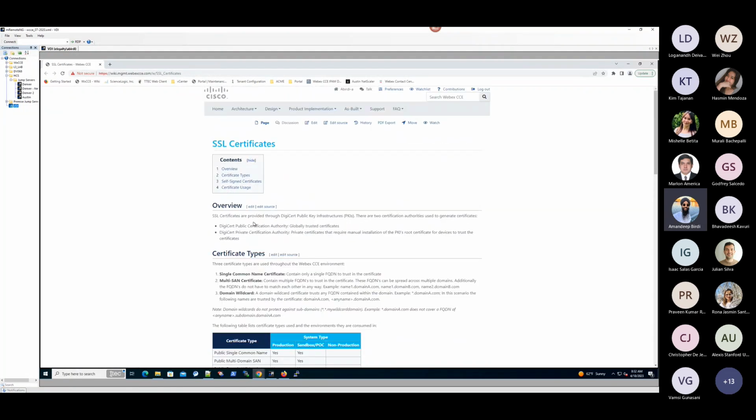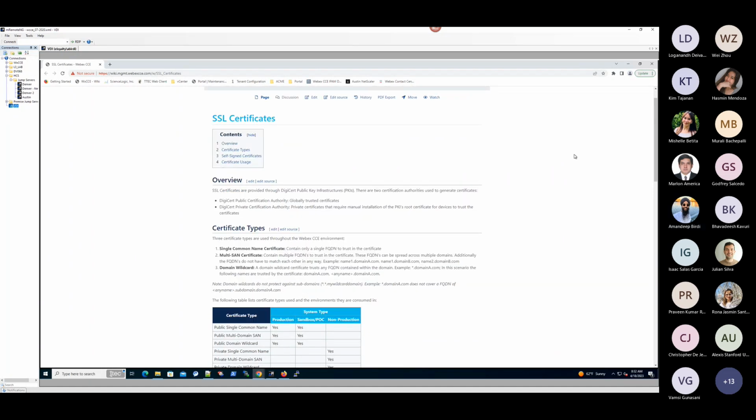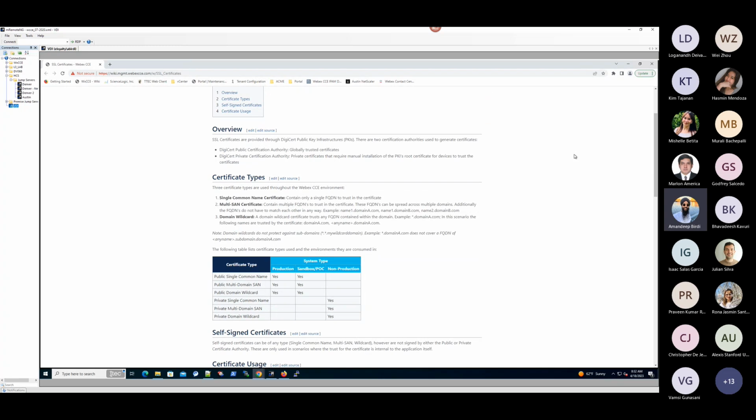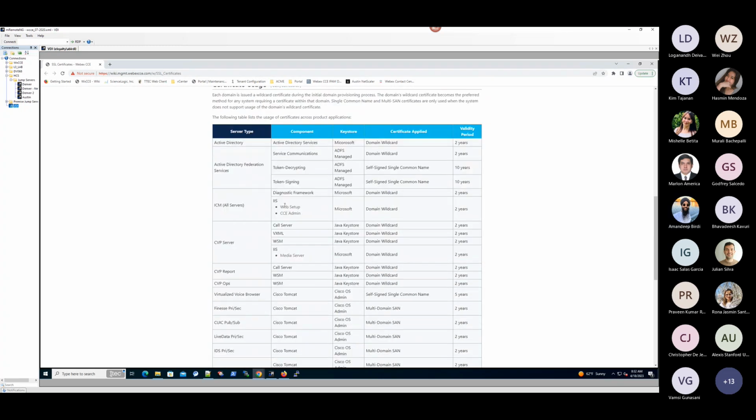All right, so this page, I don't know if you've seen it, exists for WXCCE, and it's very helpful, right? It tells you the type of certs we have in use for every single application, and where they're in use on that app on that server.